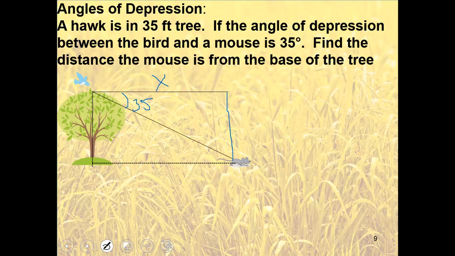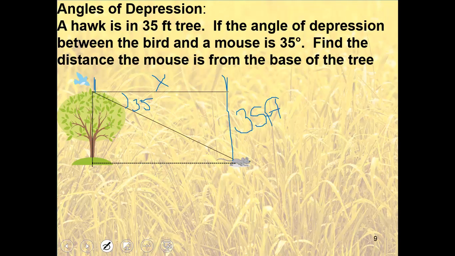Because in this triangle, you just have to use this top one because we're talking about an angle of depression. And how tall is the tree? Well, it's old. It's 35 feet.